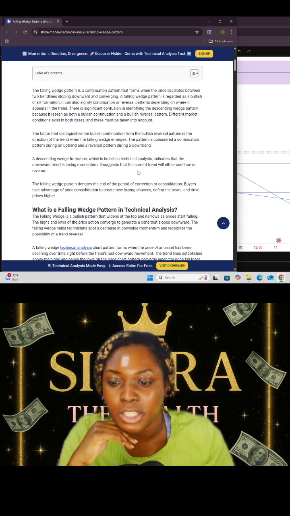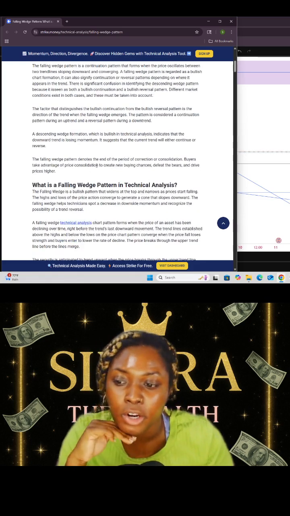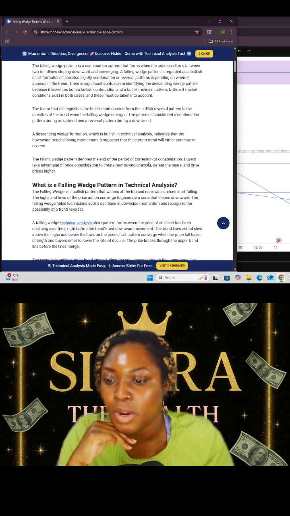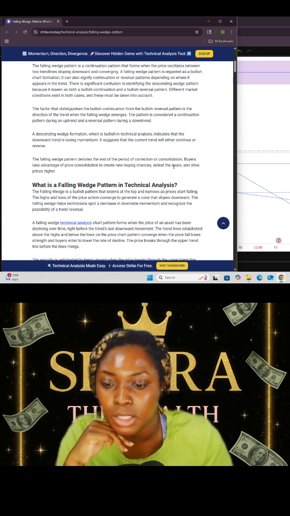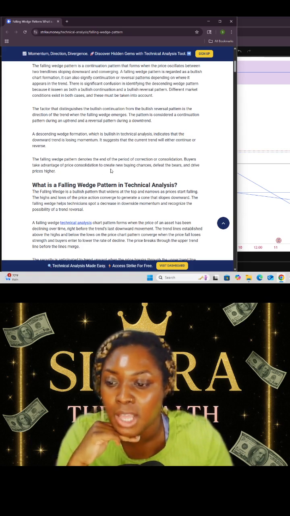It suggests that the current trend will either continue or reverse. The falling wedge pattern denotes the end of the period of correction or consolidation. Buyers take advantage of price consolidation to create new buying chances, defeat the bears, and drive prices higher.